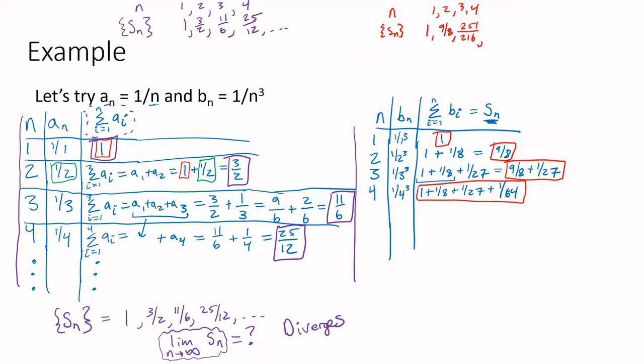Okay, and then I'm going to add to that 1 over 64. And you could do these as decimals if it's easier for you to see what's happening. So let's actually just do that as a decimal.